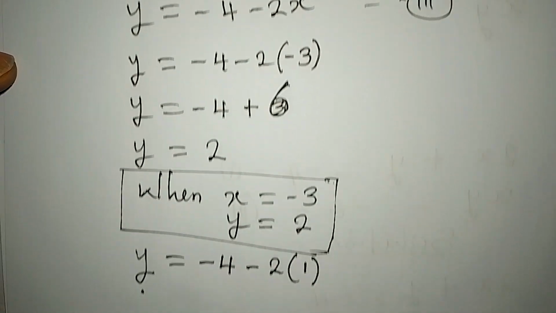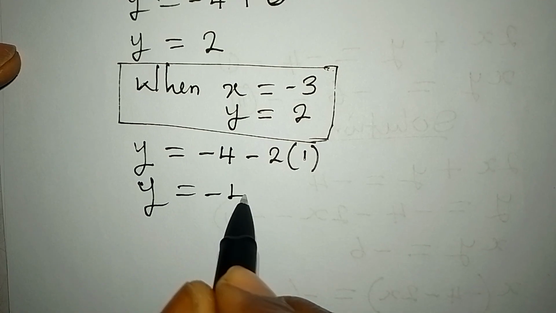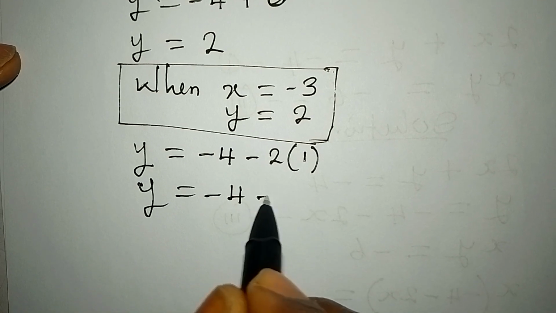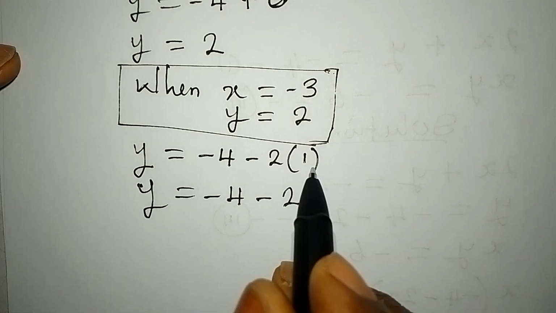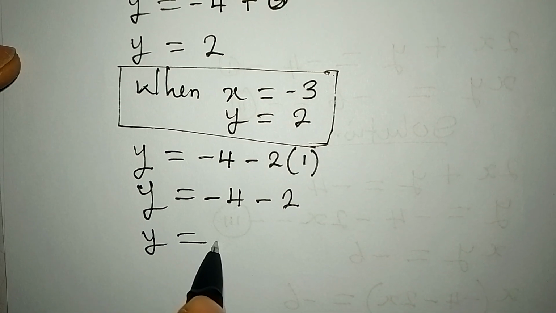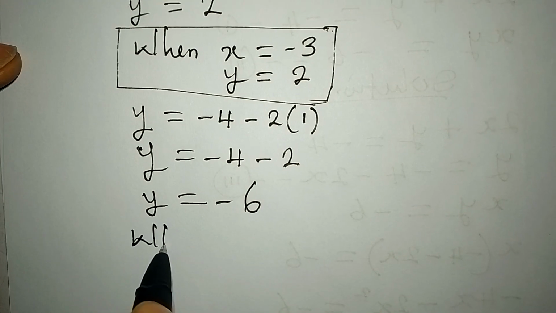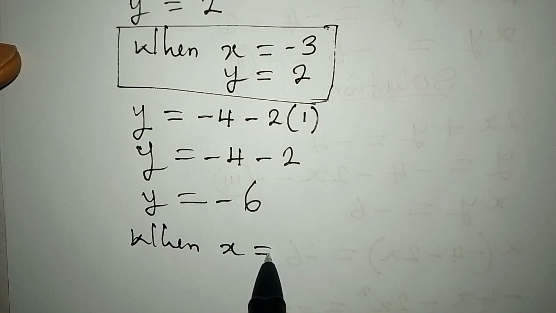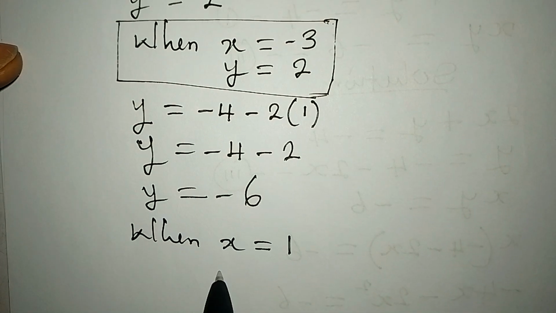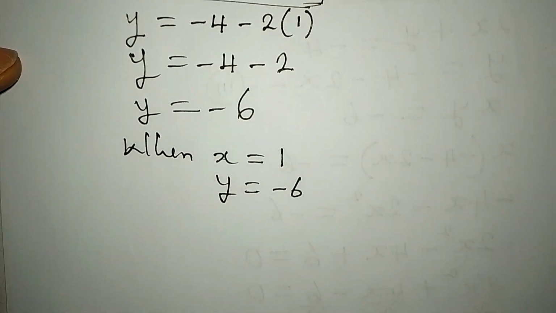So we have y now to be equal to negative 4 minus 2, because 2 times 1 will give 2. So y now is equal to negative 6. So this means that when x equals 1, y equals negative 6.